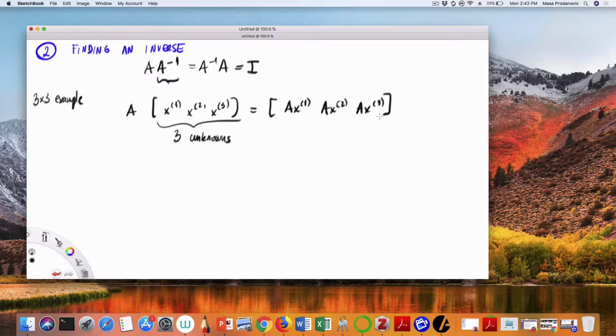And if I did the matrix multiplication, what would I end up having? My result would be a matrix with 3 columns, such that the first column is actually AX1. Well, that has to be equal to the identity, right? 1, 0, 0, 0, 1, 0, 0, 0, 1.